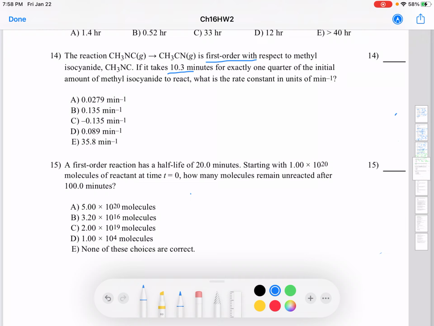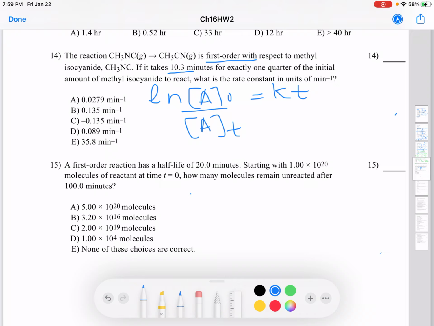Okay, so we can use the integrated rate law. ln A naught over At equals kt, correct?